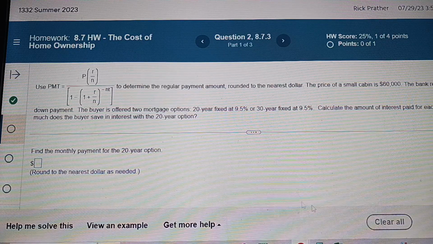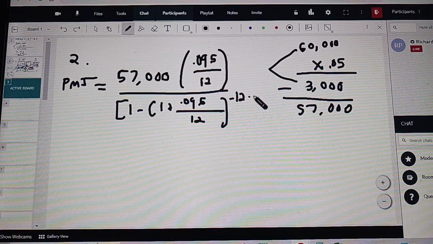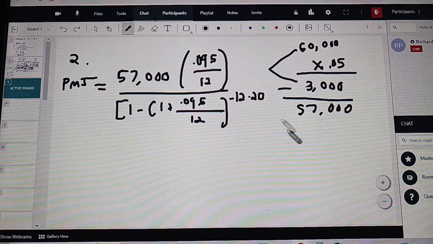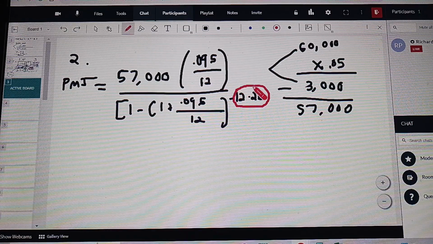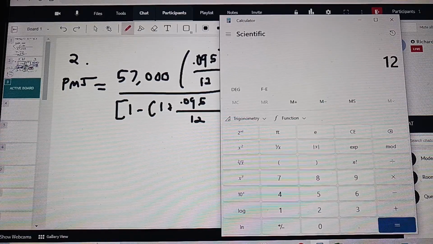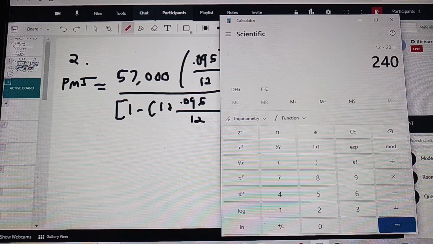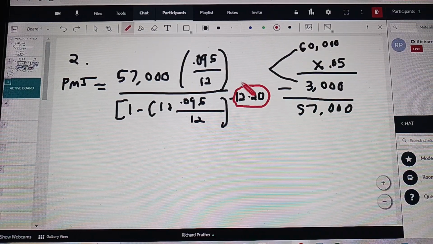Yeah, so we'll do the 20 first. So all of this is just like problem 1. Do the exponent first. 12 times 20. That's going to be 240 payments if you stay there all 20 years, or if you own it for all 20 years.